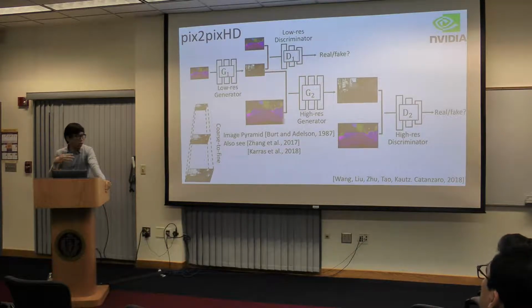So essentially we decompose a hard problem into two easier ones. We know how to generate low-res output, as Pix2Pix has done, and we just upsample 2 times or 4 times. It's easier than generating a high-res image directly.